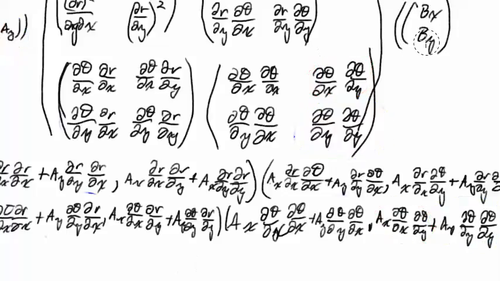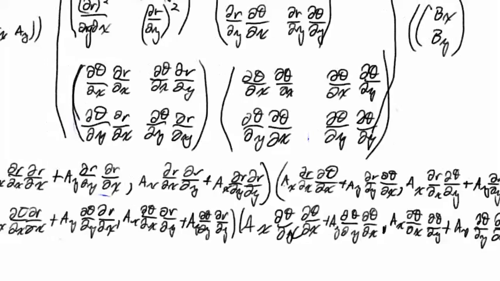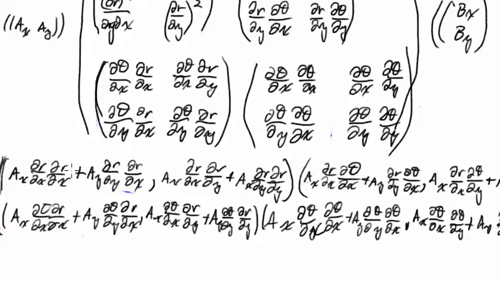Now, multiplying all of that by b sub x, b sub y is going to be pretty easy by comparison, because it's going to be this term times b sub x plus this term times b sub y. So in fact, I'm going to just make it easy on myself by putting a b sub x in here, b sub x here, plus this times b sub x plus that times b sub x. And so that turned that 2 by 1 into a 1 by 1.